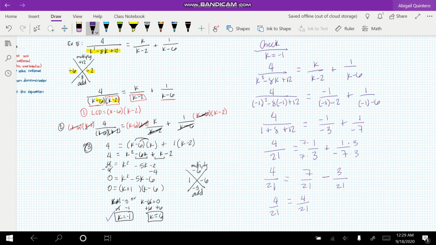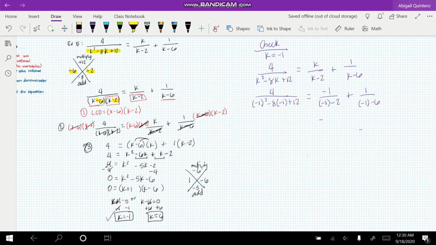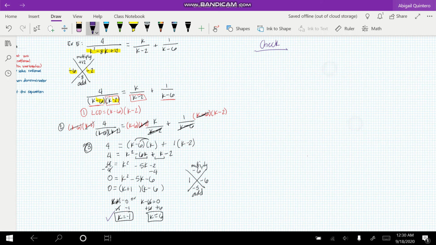Now let's go ahead and try k equals 6. I'm going to have 4 over 6 squared minus 8 times 6 plus 12 equals 6 over 6 minus 2 plus 1 over 6 minus 6.